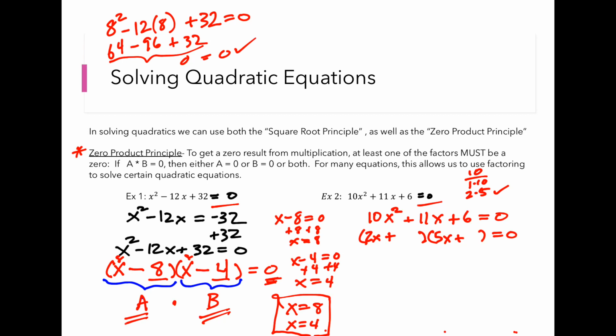And so we would just put the plus or minus in there and figure out later on which one it should go into. And then I want to look at the values for 6. 6 is either 2 times 3 or 1 times 6. We're going to go with the numbers that are closer to each other. Again, I want my sum to be 11.